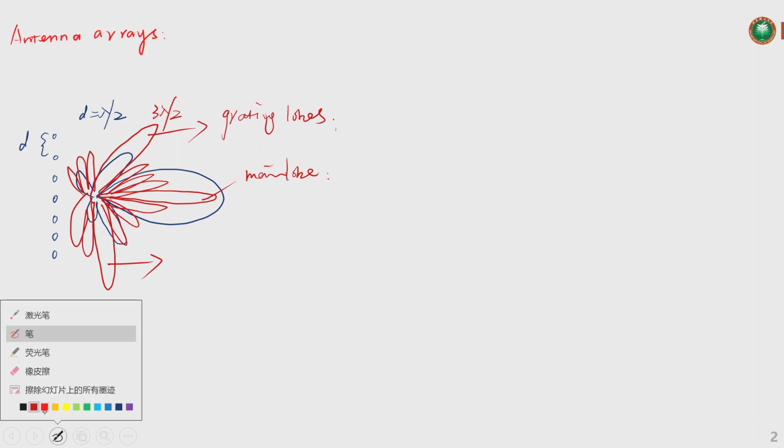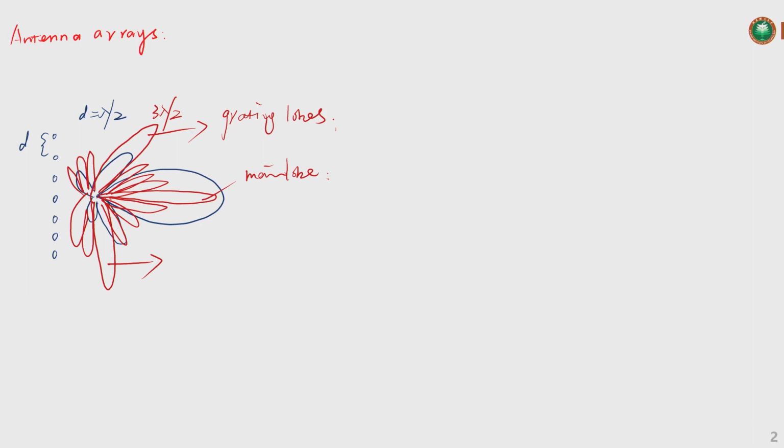So why do we have grating lobes? The grating lobes usually appear because the pattern gets repeated, so the grating lobes are like the main lobes.